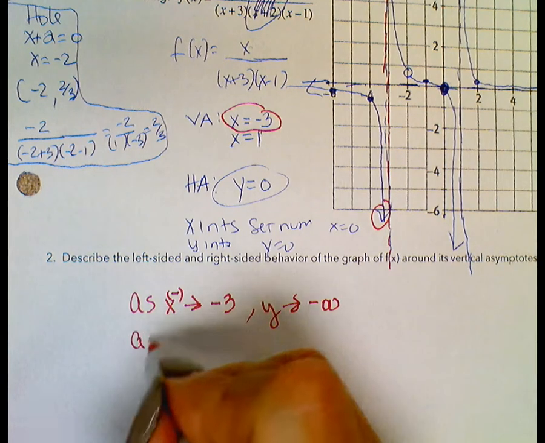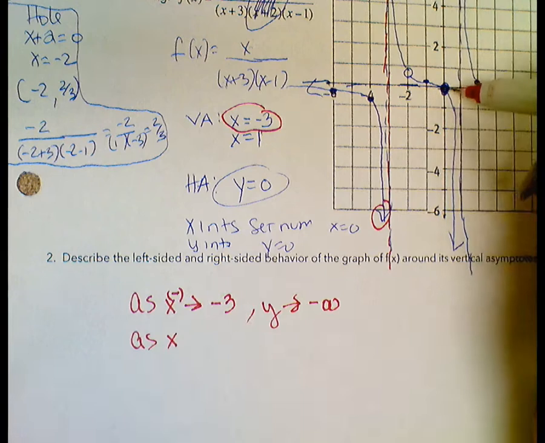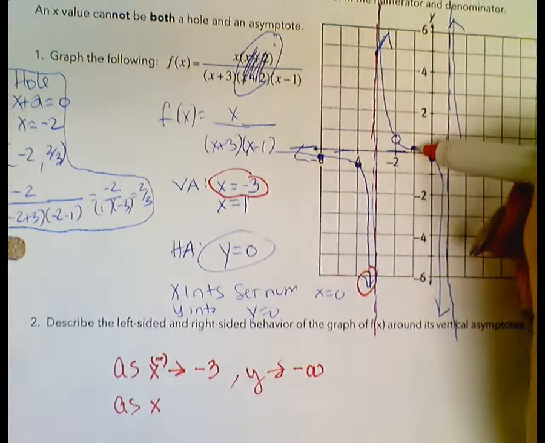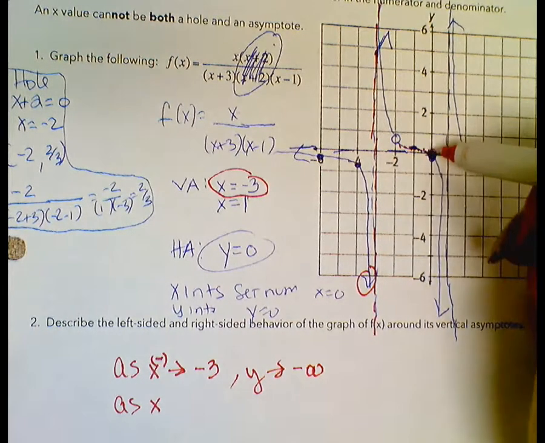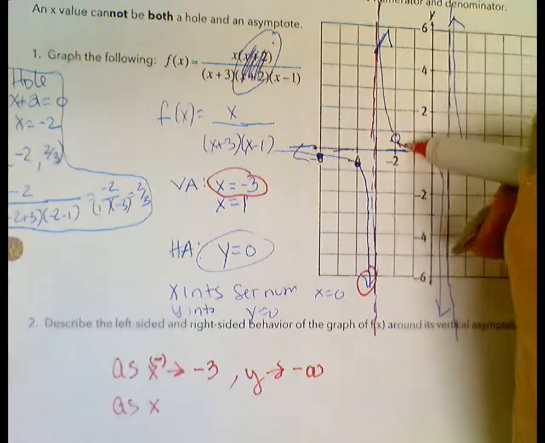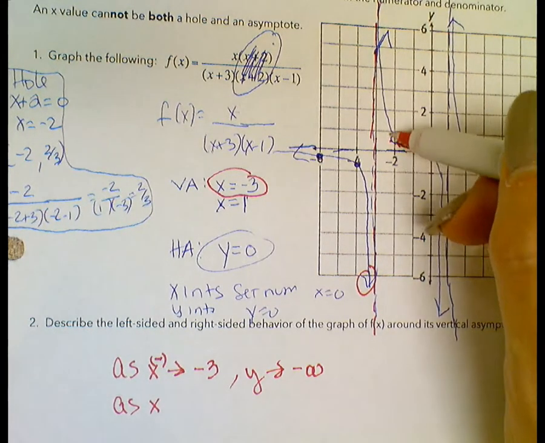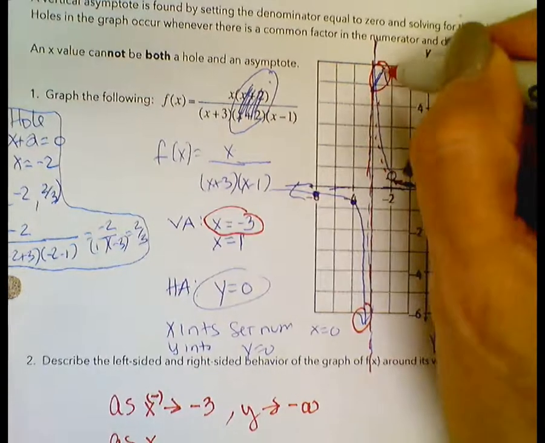Now, we're going to talk about the x coming from the right. So here's the x's again. So here's the curve. As this is coming towards the vertical asymptote from the right, as this curve approaches the vertical asymptote -3 from the right, what is it doing? So you're describing this end right here.